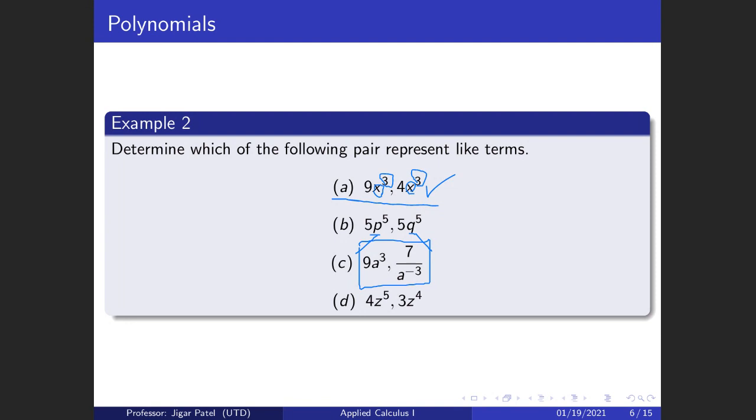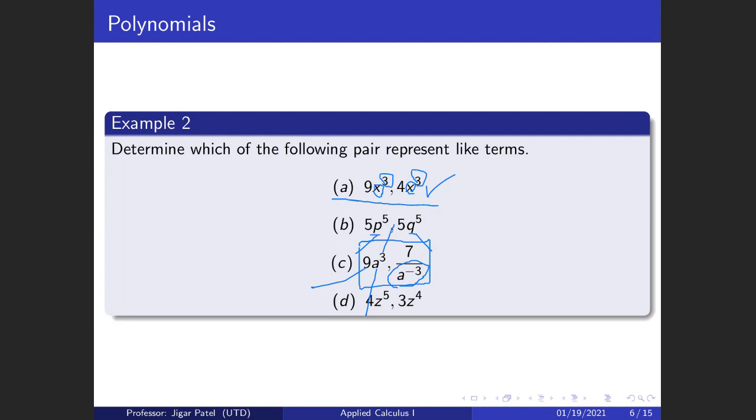This example is somewhat tricky. Let me explain why. In the first term, it's clear that 9 is the coefficient, a is the variable, and 3 is the exponent. In the second term, the exponent with the base is sitting in the denominator. This is the reason why I said it is a little tricky.